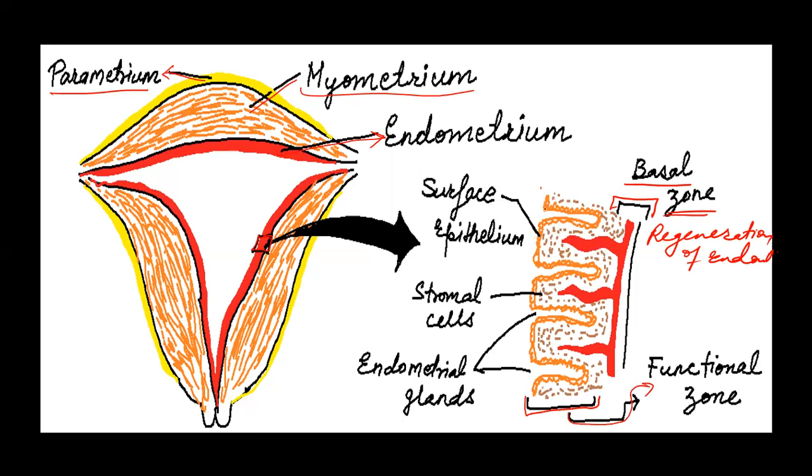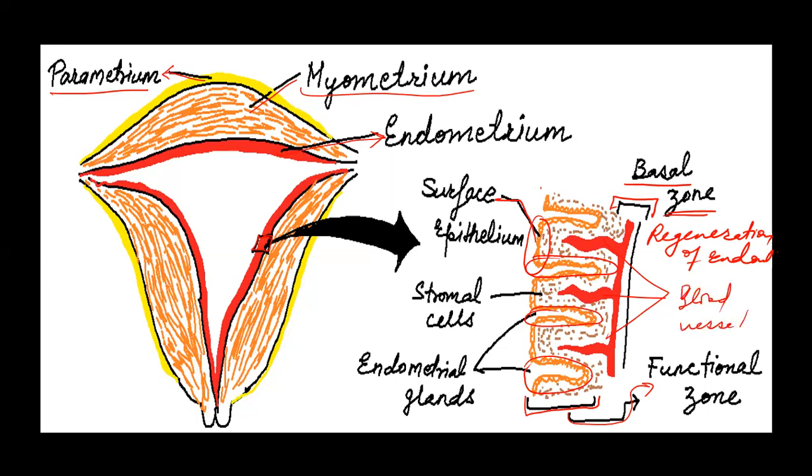So here you can see the structural components. The superficial covering is the superficial epithelium or surface epithelium. These long structures are the endometrial glands. And these are the branches of spiral arteries, so these are the blood vessels.